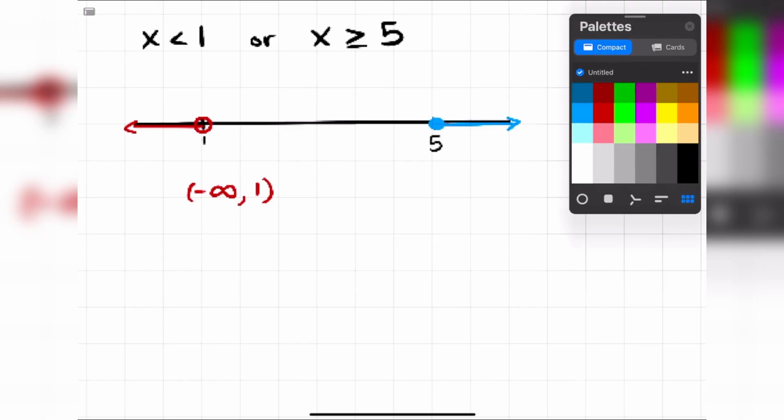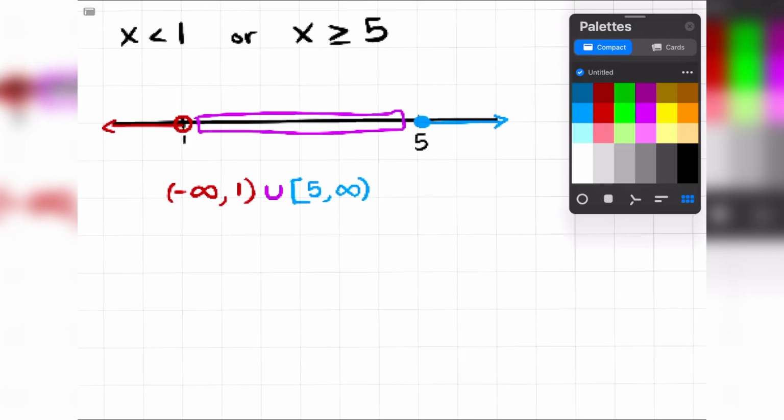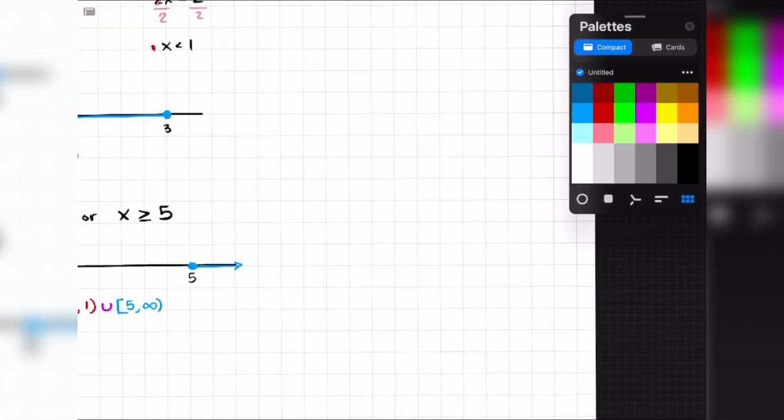Then we're going to do the other one, which is brackets including 5 all the way to positive infinity. And then we're going to union this. Once again, the union represents this guy right here. That's space. Without the union, it's going to be wrong.